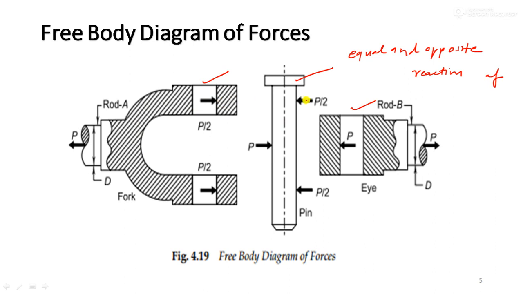So this P by 2 will be opposite to this P by 2, this P by 2 will be opposite to this P by 2, and this P will be opposite to this P. So in this way you can see that at three positions the force is acting on the pin, that is P by 2, P, and P by 2.